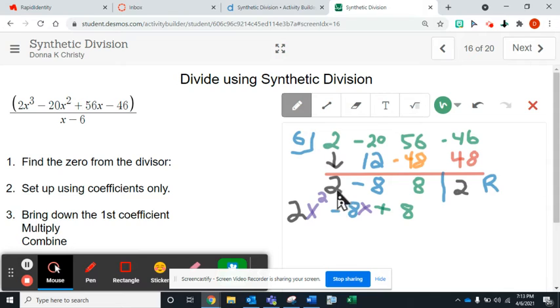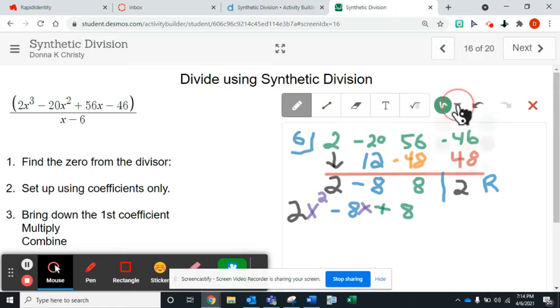Let's look at that again. 2, it's x squared because it's 1 less than the top one, because I'm dividing 1x into 3 x's. That means I'm going to have 2 x's. Notice I bring this sign down. Then we have x, and the sign here is plus because there's no sign there.